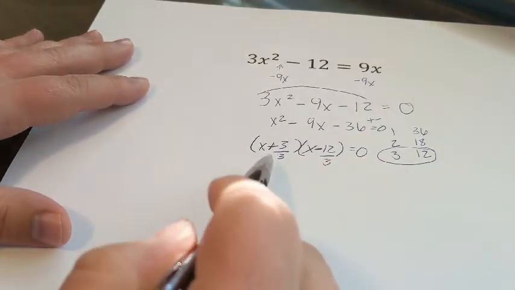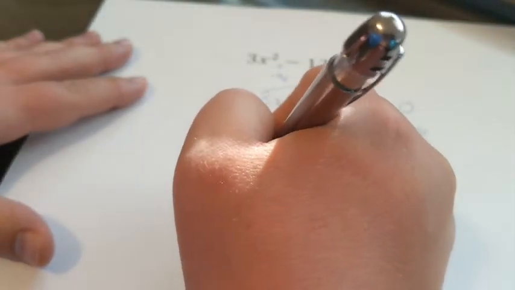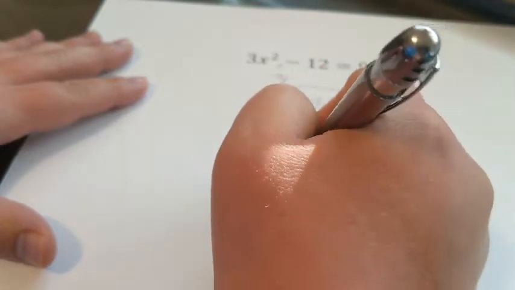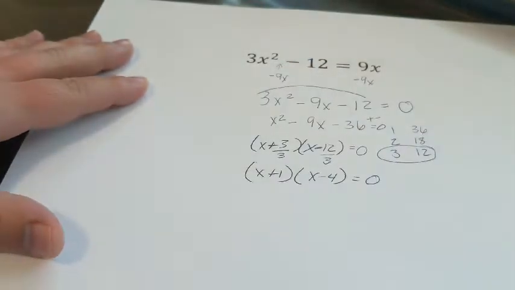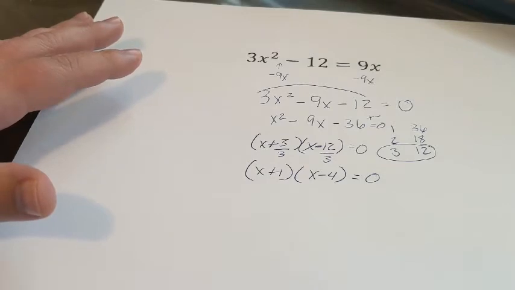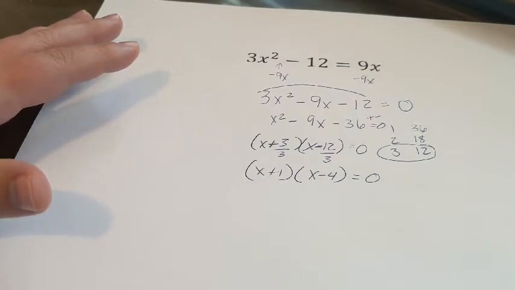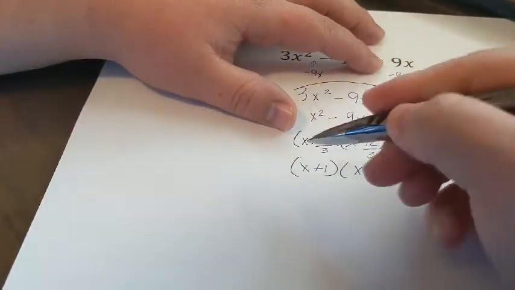Okay, so then we're going to have x plus 1 and then x minus 4 equals 0. Then we set these both equal to 0.